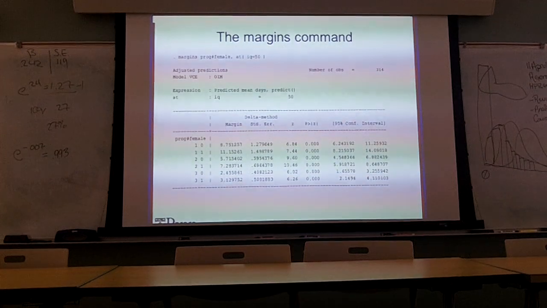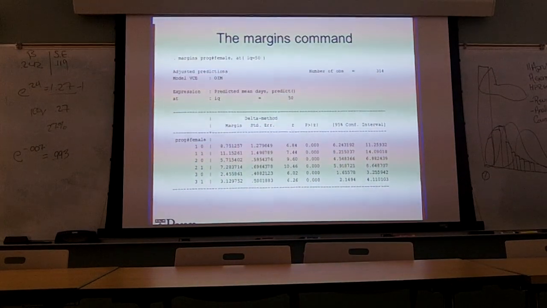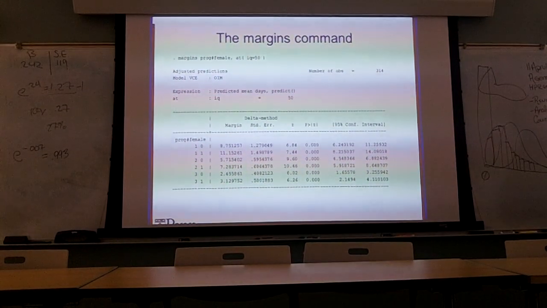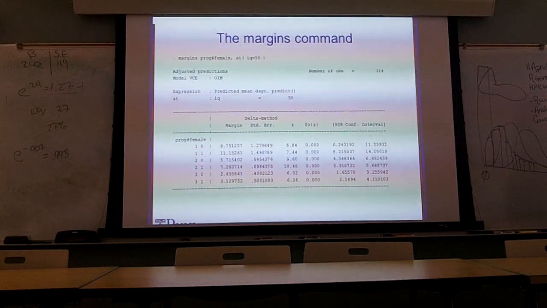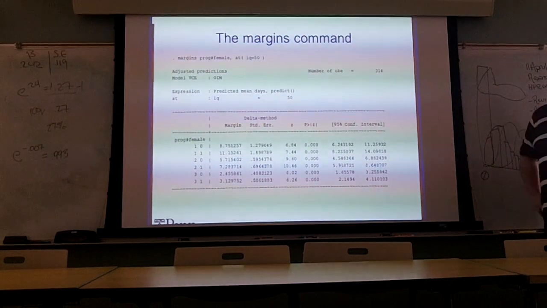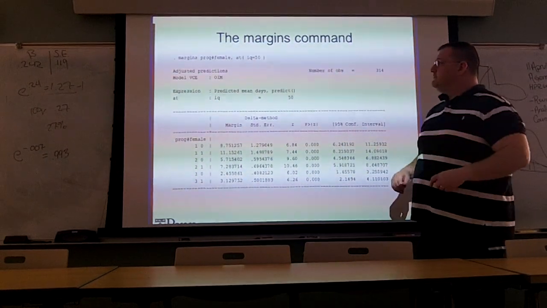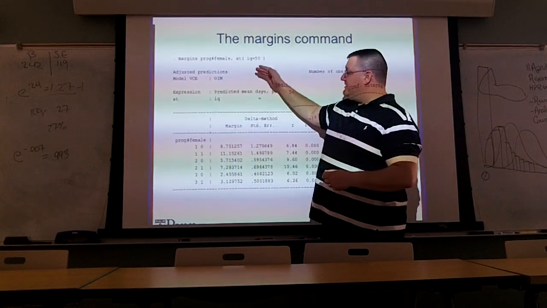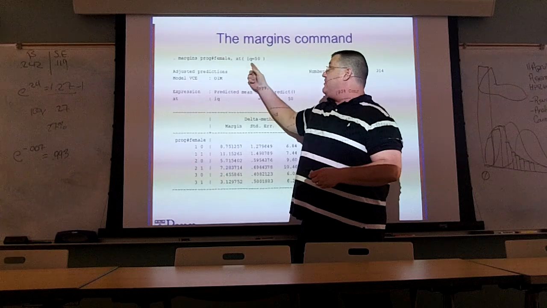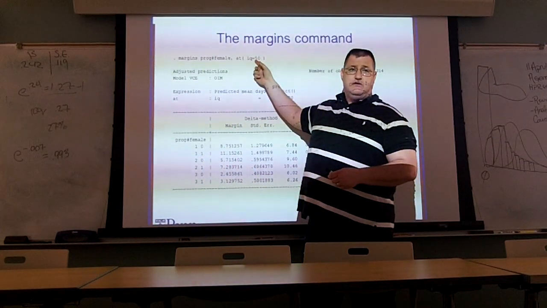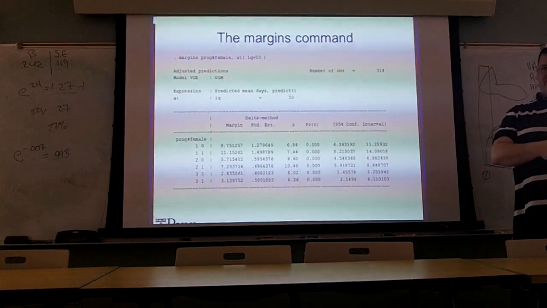All right, so we've used the margins command before. What I'm going to try and do here is I fit my over-dispersed Poisson model. Then the next command I could execute is the margins command. So here would be the expected number of days missed for combinations of program and sex for a person with an IQ of 50. We were asking questions before about how to set those values to a specific value.